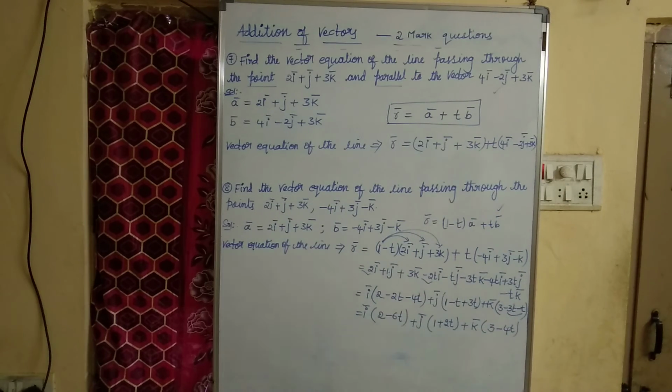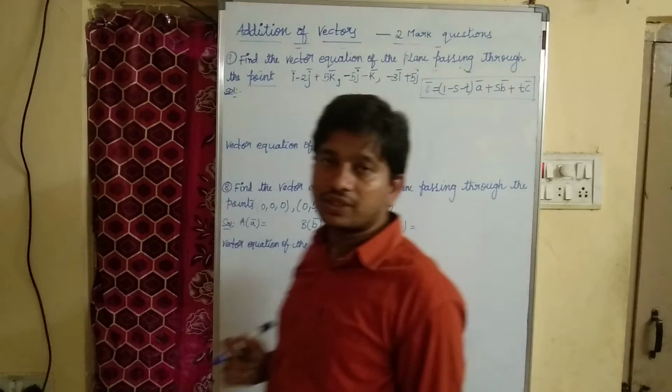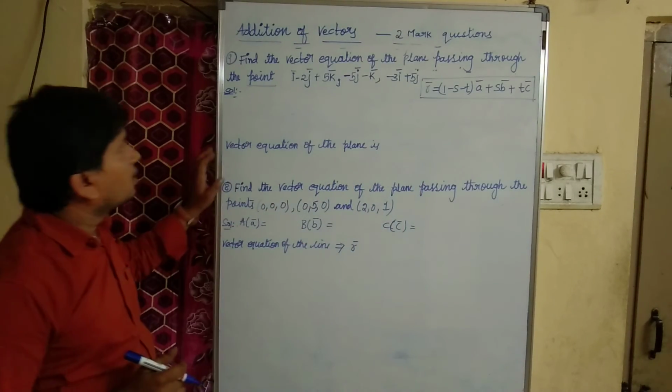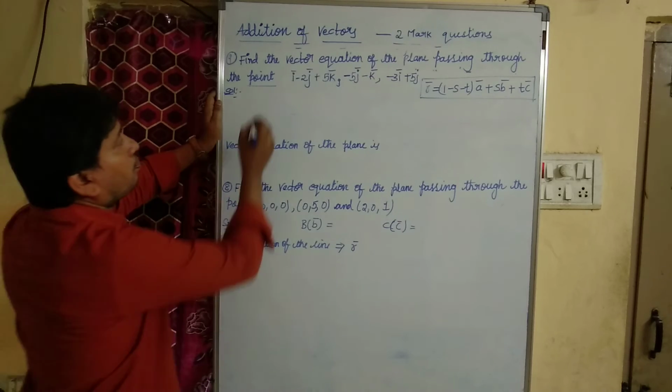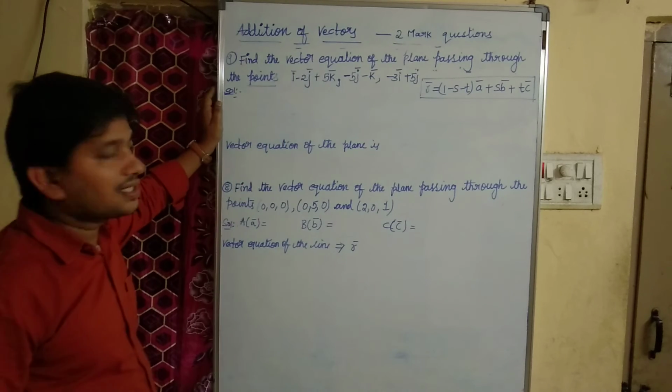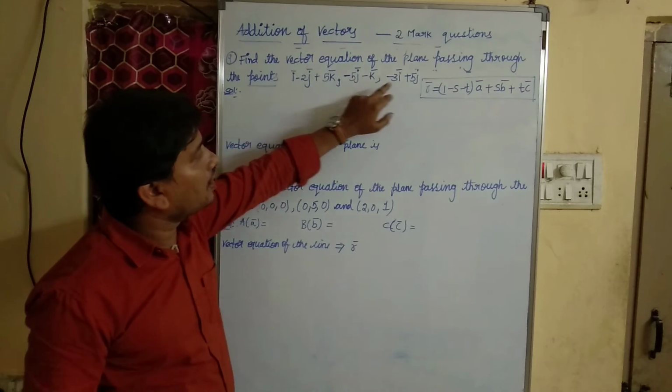Okay children. Now coming to the 9th question: find the vector equation of the plane passing through the given 3 points, a bar, b bar and c bar.